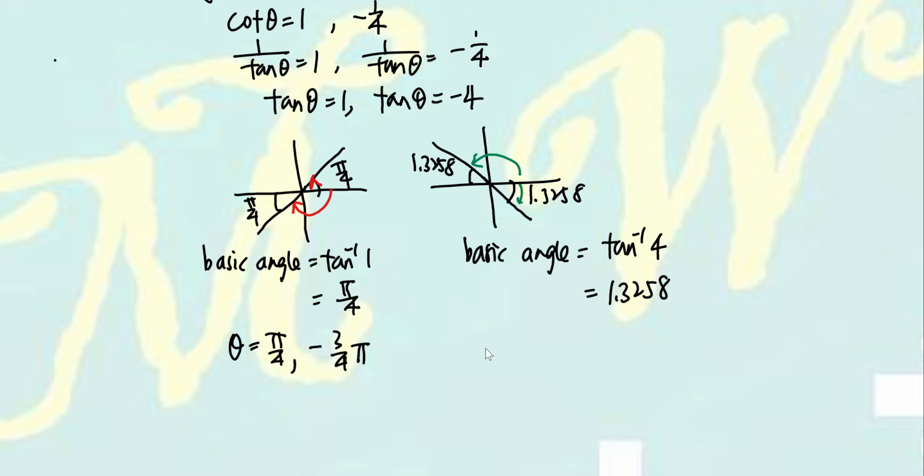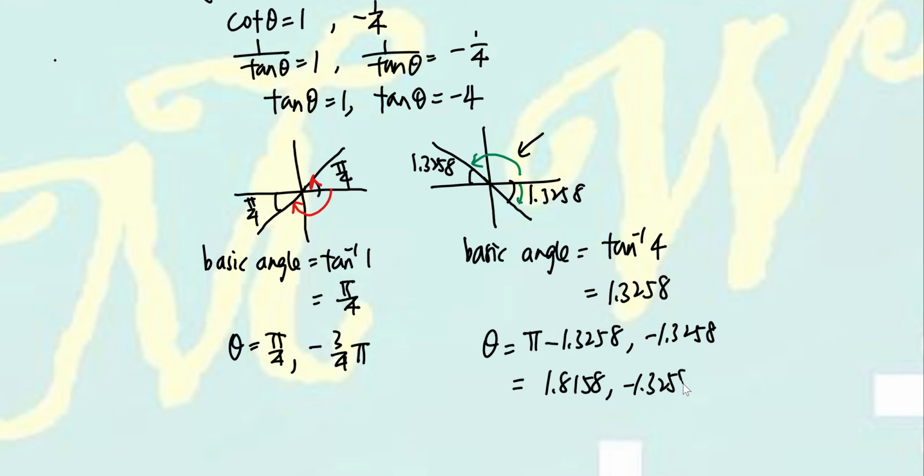And for the other one, the theta will be the upper one, the one above. That is pi minus 1.3258, and the other one is just a negative value. So then here I will be getting 1.8158 and negative 1.3258.